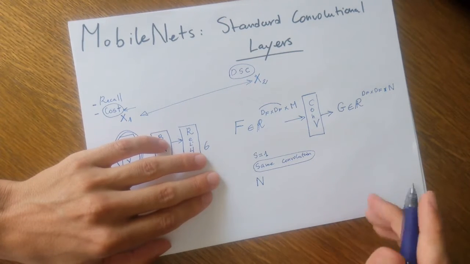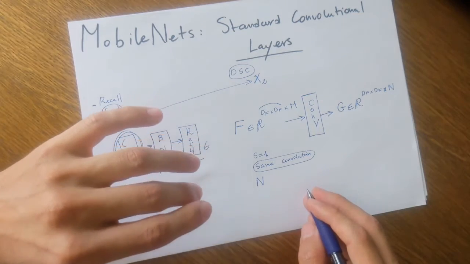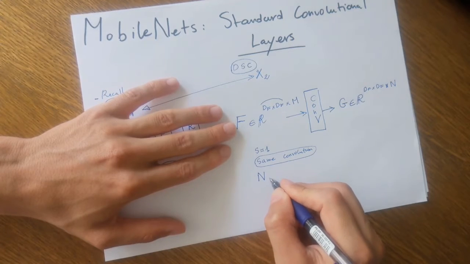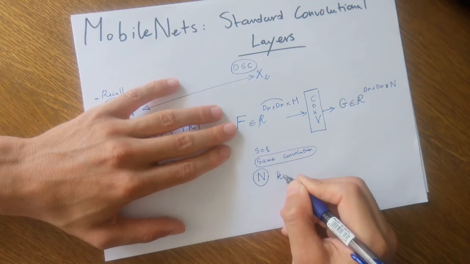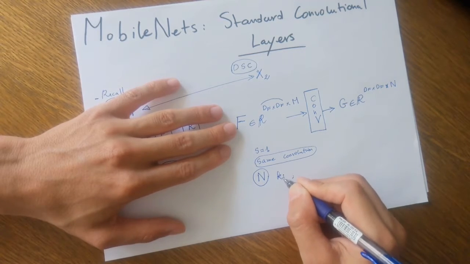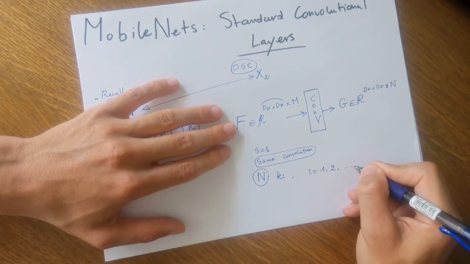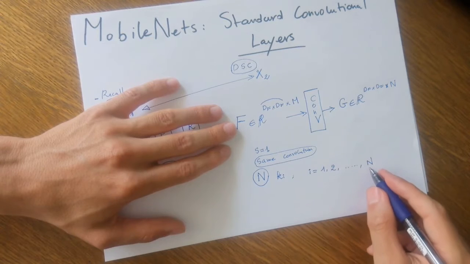Now let's talk about some details about the kernels used. We assume that we use n kernels, ki, where i is just the index of the kernel. This means that i starts from 1, 2, and so on, and the last number is n.